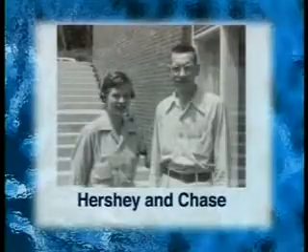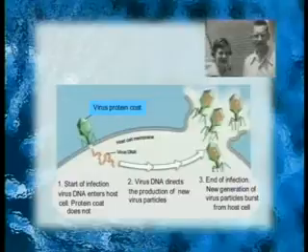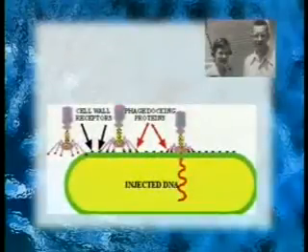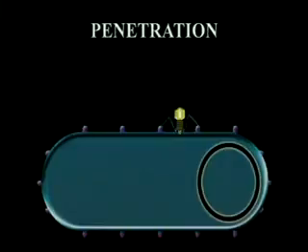The clincher was therefore provided in 1952 by Alfred Hershey and Martha Chase with the use of phage virus particles. They reasoned that phage infection must entail the introduction or injection into the bacterium of the specific information that dictates viral reproduction.